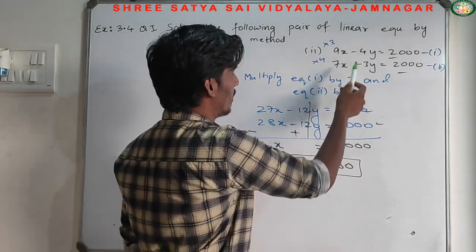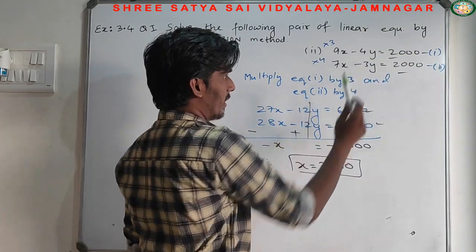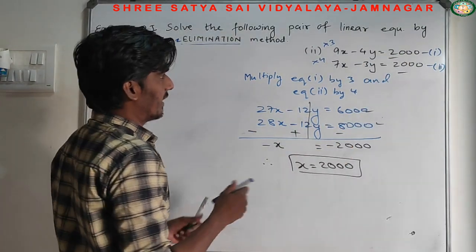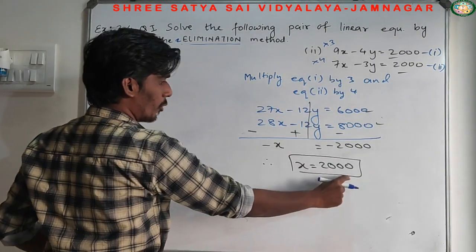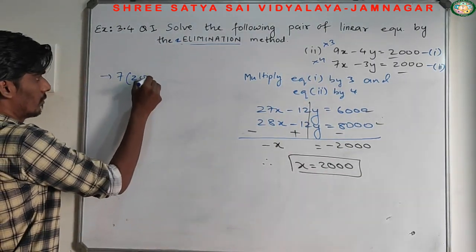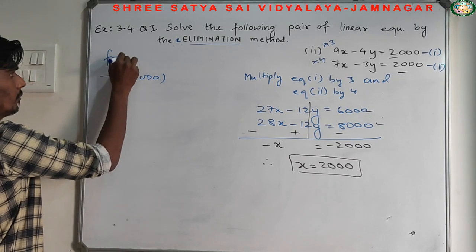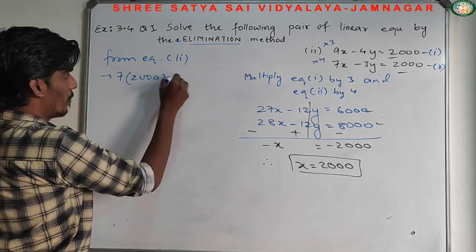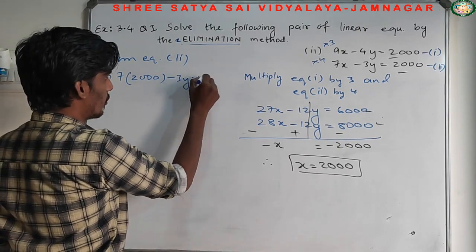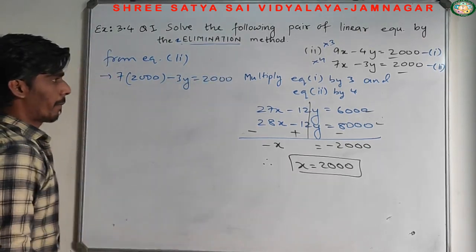So I'm going to replace here in the second one. From the second equation, 7, instead of x I'm going to write 2000. Write down here from equation 2, 7 into 2000 minus 3y equals 2000.